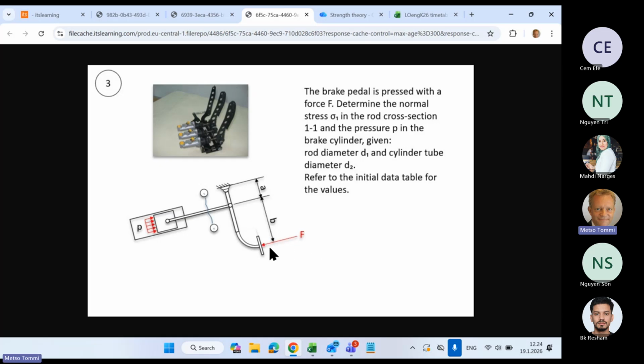And there are two things you have to calculate in this connection rod cross section: the tension and also the pressure that comes to the brake cylinder. And as earlier, all the values are in the parameter table.